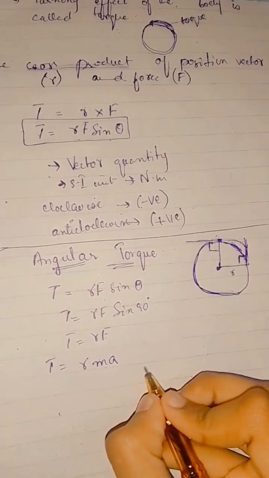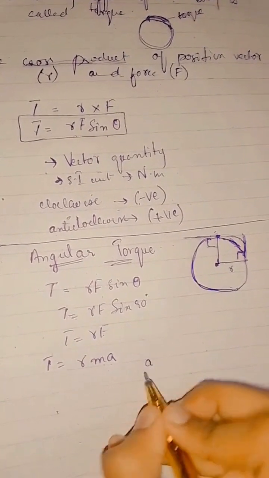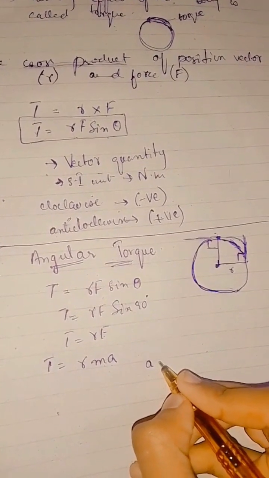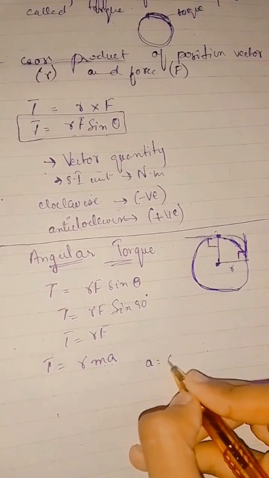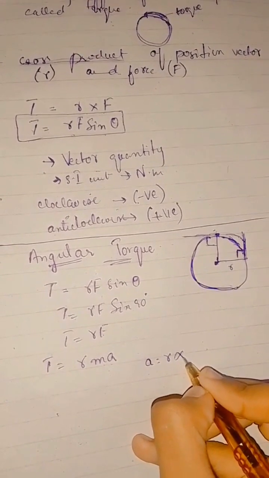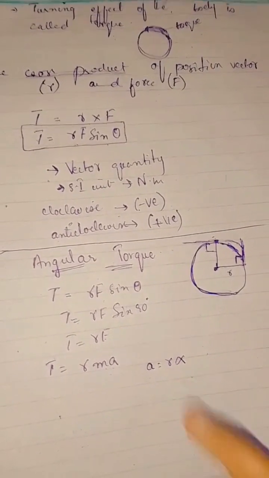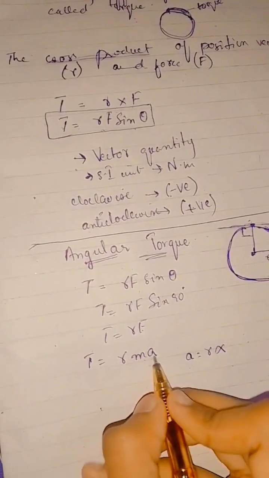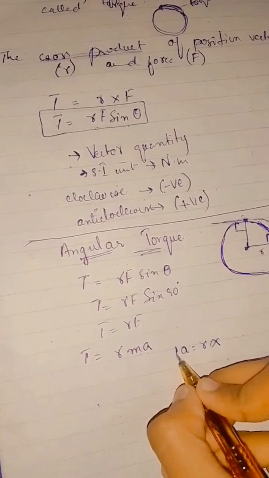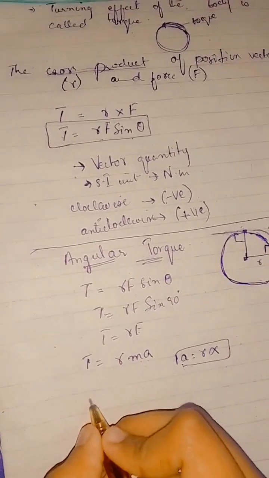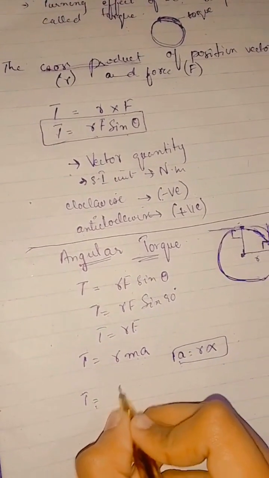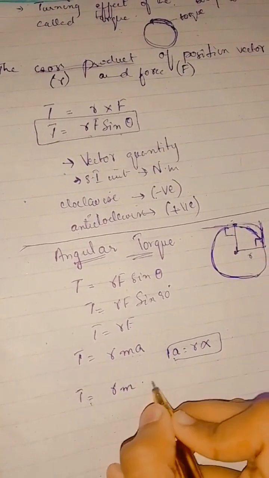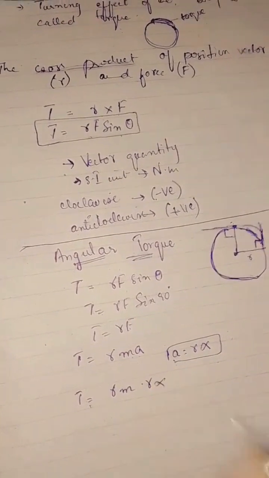Now this is the linear acceleration, and we have to find the angular acceleration. The formula is that linear acceleration a equals radius into angular acceleration. So we put the value of a here. That will be T = r m, and for a, the value r alpha.